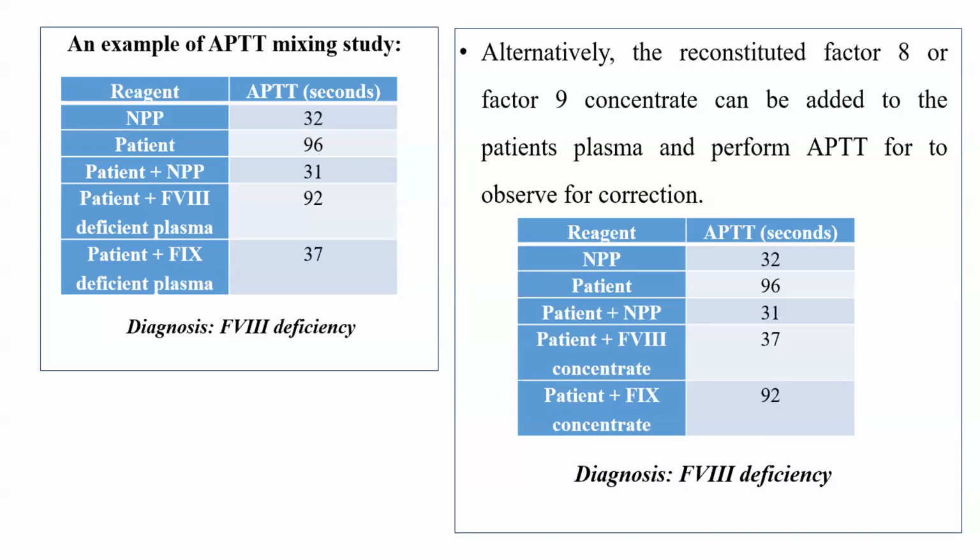When this patient was given a factor 8 concentrate, check on the patient plasma and factor 8 concentrate, there's a correction from 96 to 37. So it means they're responding to that factor 8 concentrate. Then the diagnosis is a factor 8 deficiency. So the right side is just to make you understand what is on the left. Next slide.